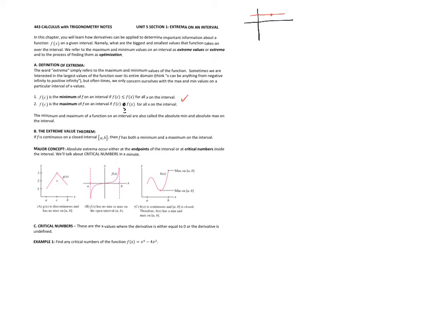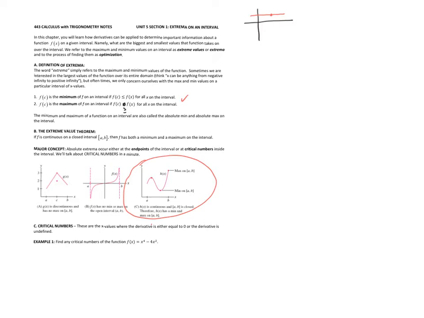But if you want to think about what we're talking about with minimums and maximums, you can look at this picture here, get a sense of the fact that we've got a minimum down here at the bottom, the low part of that valley, and similarly we have a max up here because on this little interval from A to B that appears to be the highest value. Now this spot right here would also be considered a relative maximum because it is in its little neighborhood the highest y value.